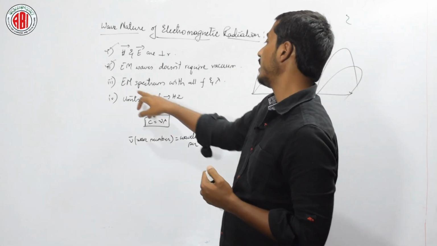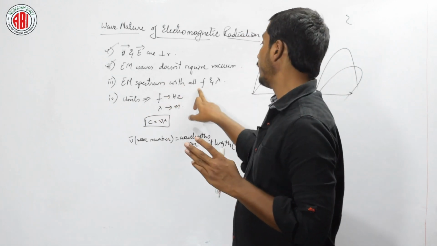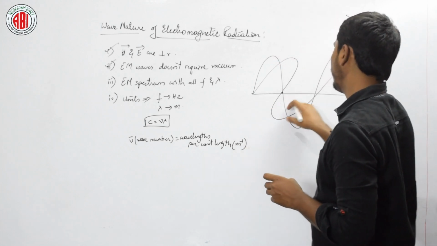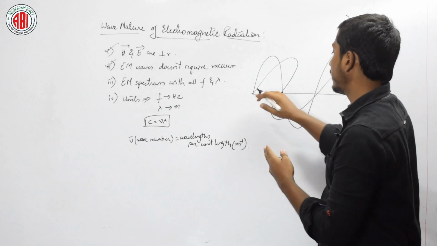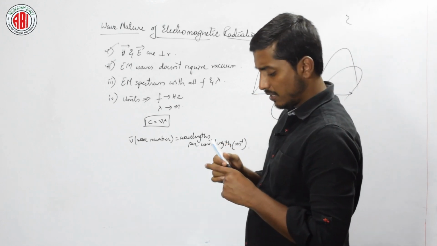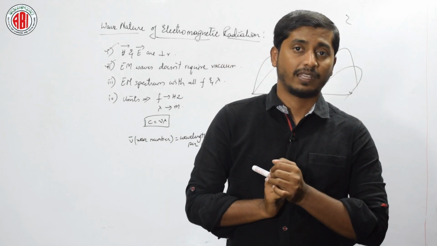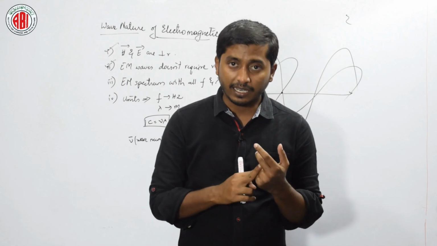And one more thing is, he explains the electromagnetic spectrum completely with respect to frequencies and wavelengths. As much as we know, we have different frequencies of signals, whether it is a radio signal or a video signal.